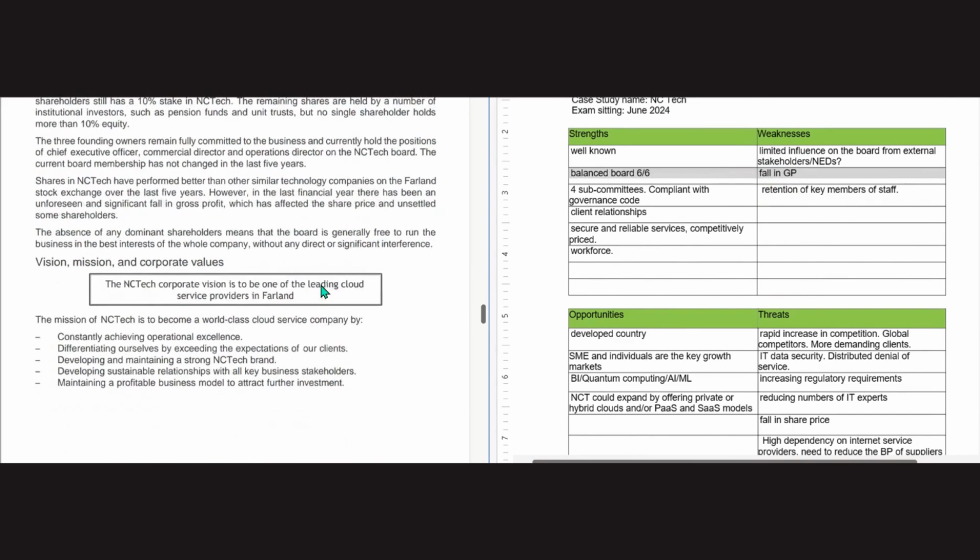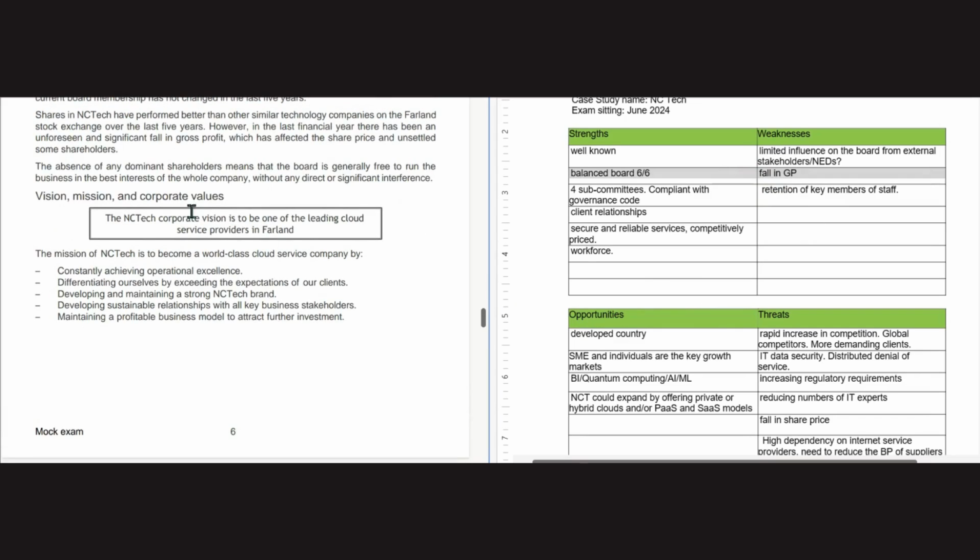All right. It then tells us the board is generally free to run the business in the best interest of the whole company without any direct or significant interference. So there are no external stakeholders, apart from, of course, the customers, and that is perhaps slightly worrying because, on the one hand, there are no checks and balances, right?